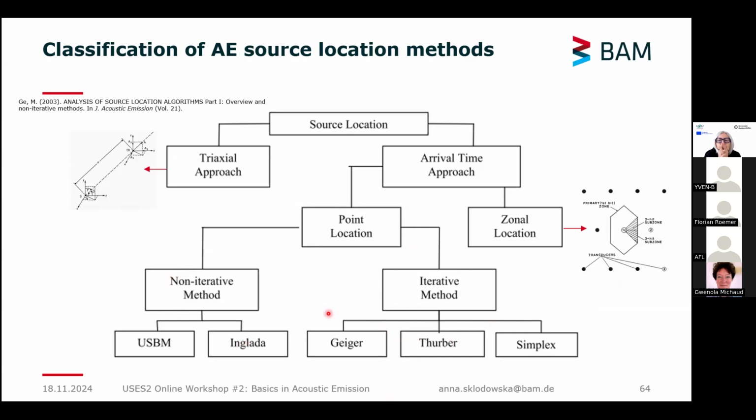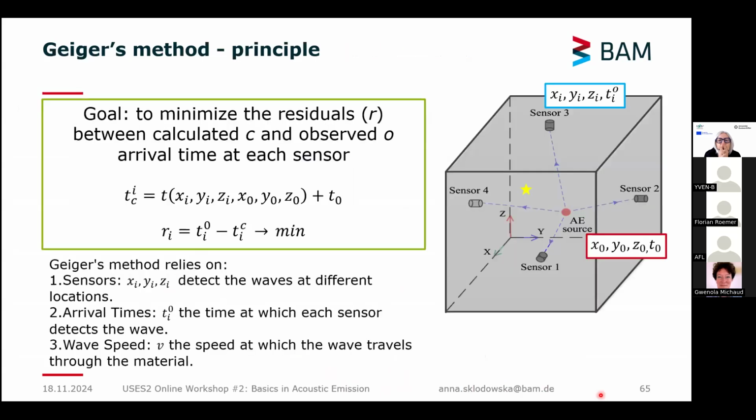And the one that I'm going to talk a bit more about today is the Geiger method, because this one is the most commonly used for estimation of the source location. The principle of this method is to minimize the residuals R between calculated and observed arrival times at each sensor. So basically, the method relies on the sensors.